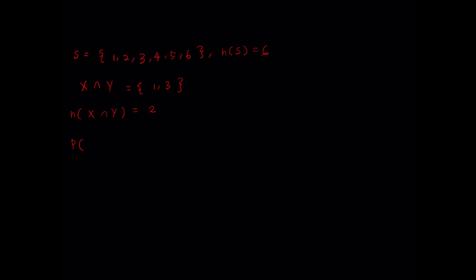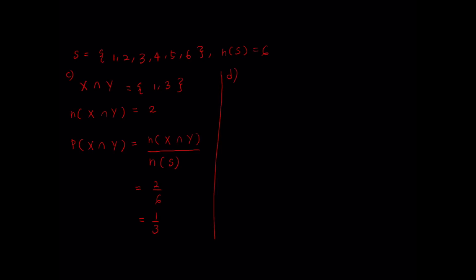Hence, the probability of getting an odd number that is less than 5 here is P(X intercept Y), which is n(X intercept Y) over n(S), so equals 2 over 6. Simplify, we have 1 over 3. That is for question C.